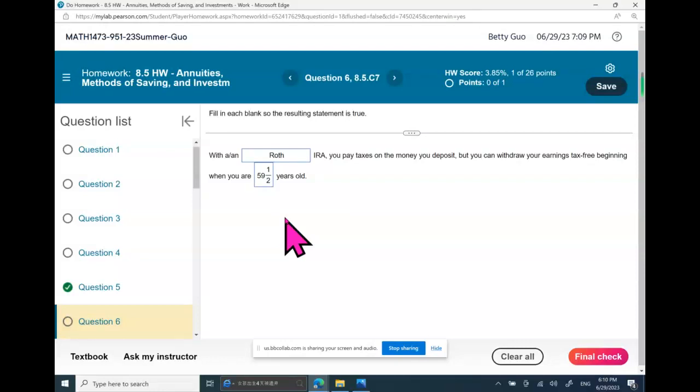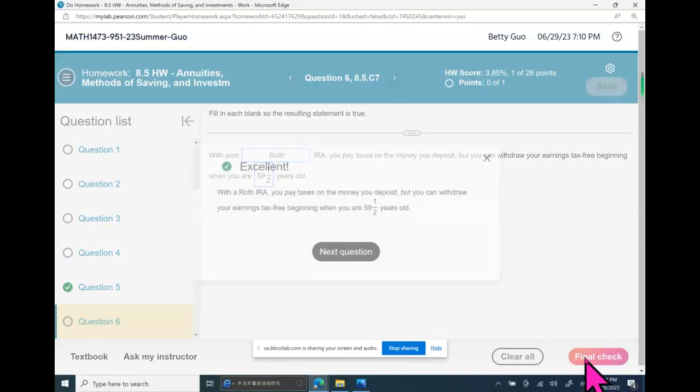Before you reach that age, you are not allowed to take out the money. Okay, you are allowed to take it out, but you would have to pay the tax penalty and other fees. But once you reach this age, you can just withdraw the money and enjoy the tax-free earnings. All right, so that's some information about Roth IRA. It's different from traditional IRA.